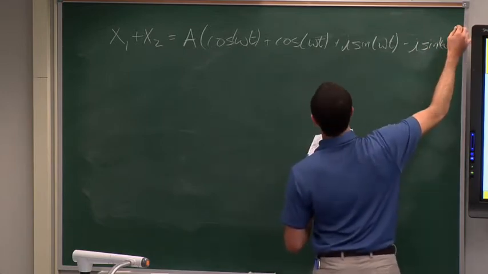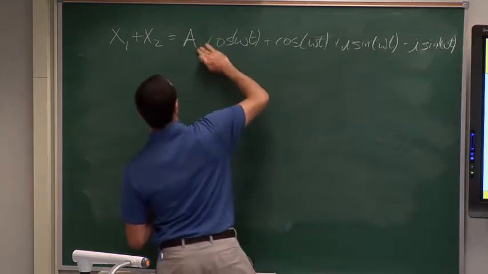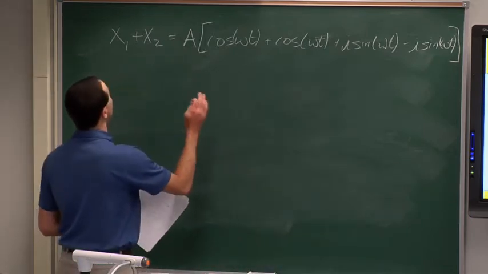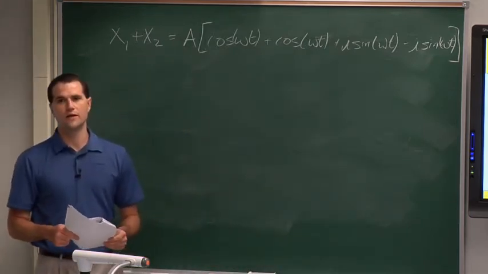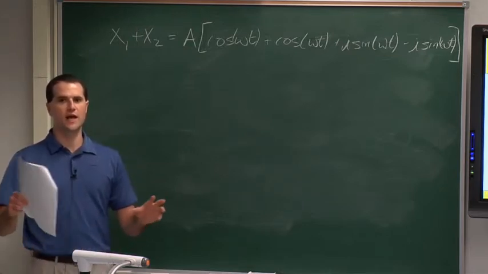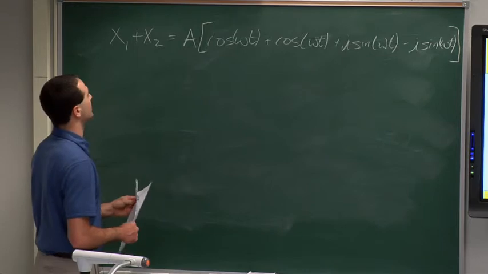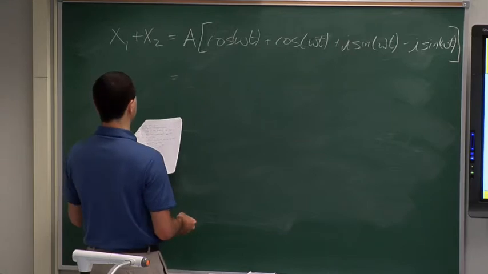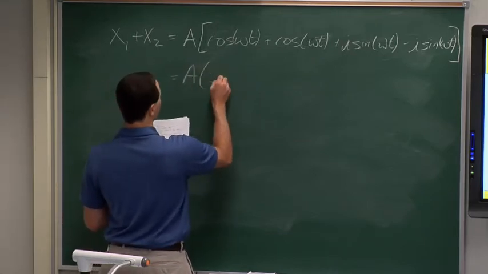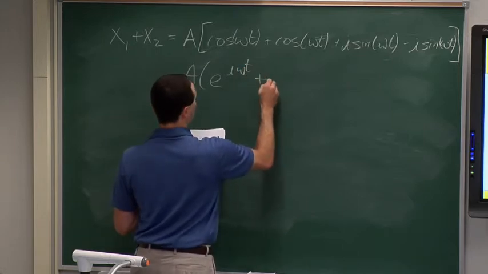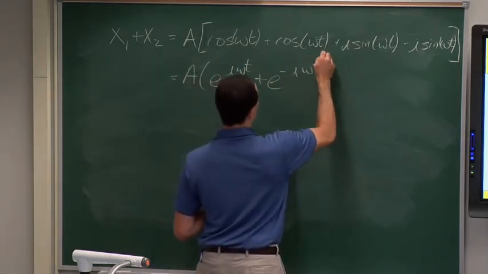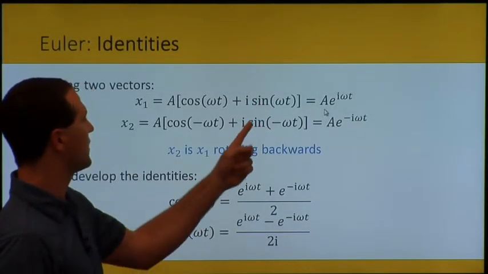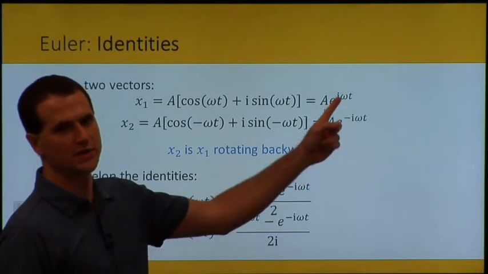And this is my first definition, so let me put a square bracket. This is as the addition of the sine and cosine components for my complex vector. The other definition I used was with the exponentials. So a times e to the i omega t plus e to the negative i omega t. So this is the summation of this part, and then on the other side of the equation, the summation of this part.